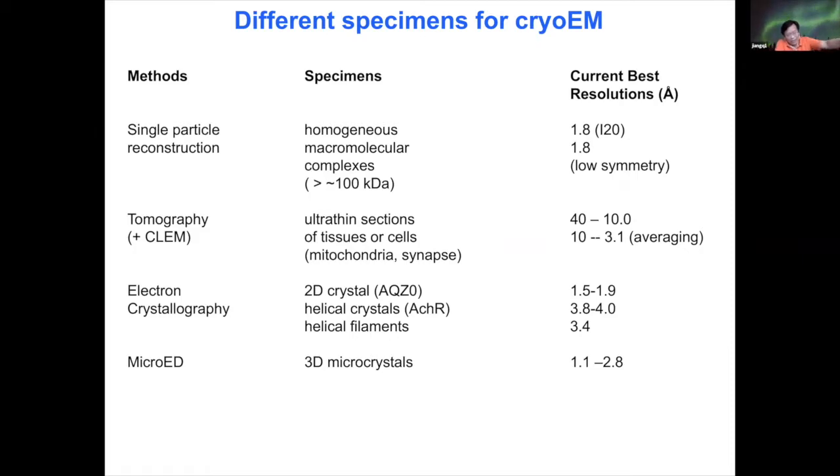For all these three types of specimens, it's now possible to deliver near atomic resolution structures. The sample that we still cannot reach high resolution for is the one from thin sections or ultra-thin sections of tissues or cells, which is the second one. For this type, without averaging, the resolution limit is in the range of 1 to 4 nanometers.